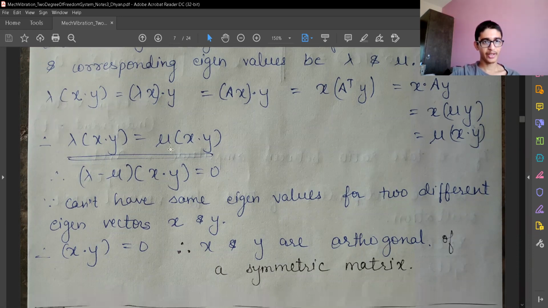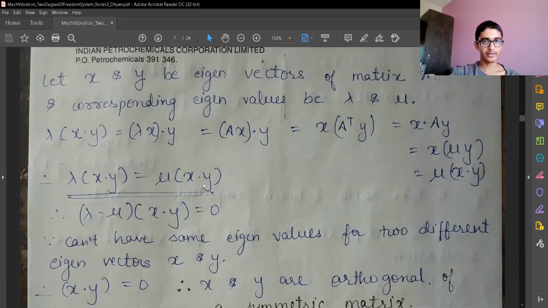So we have done the series of changes and we have got this conclusion. Now if I take it to the same side, lambda minus mu into X dot Y is equal to 0.